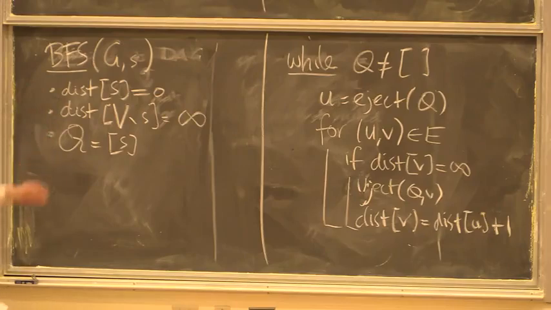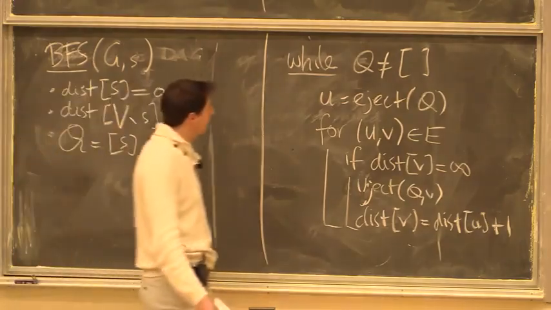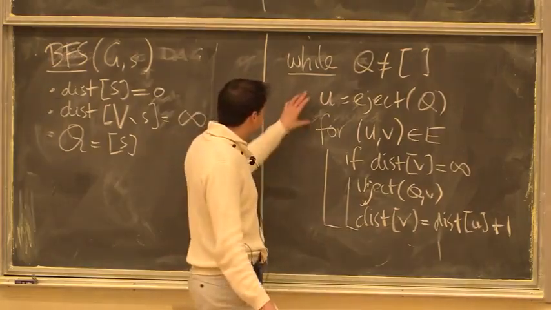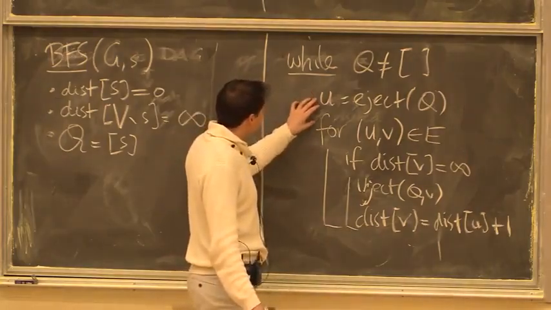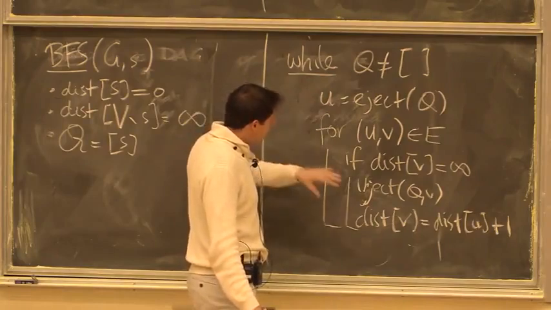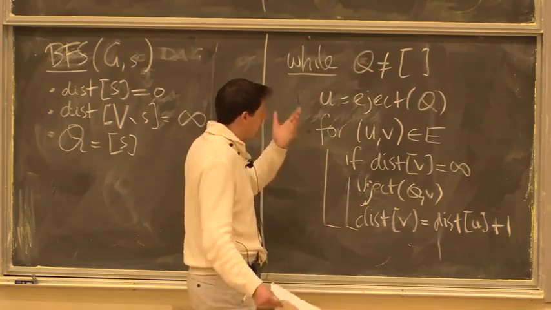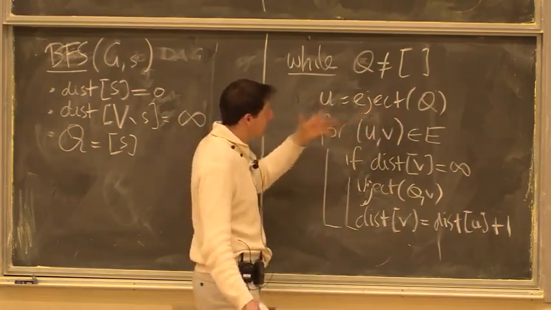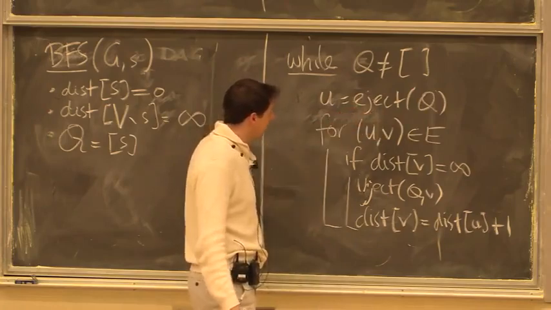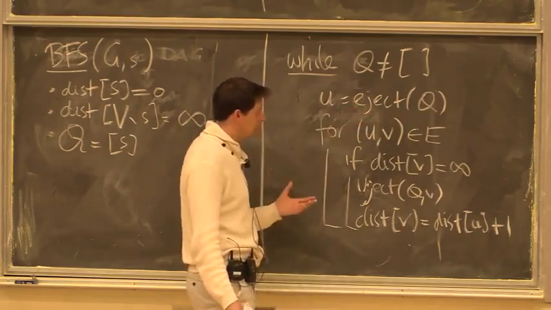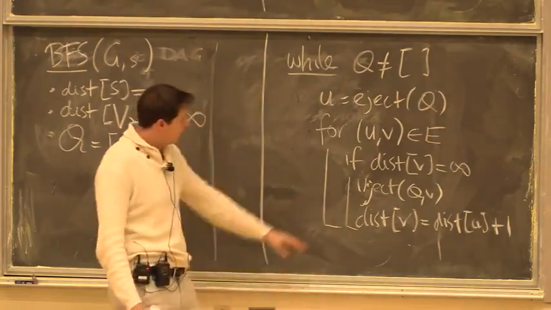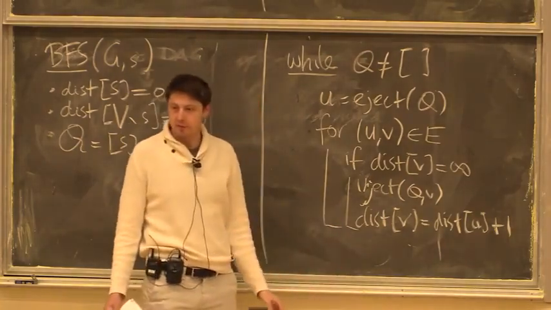Here we just create an empty queue. Over here, we don't quite have recursive calls, but we have this queue that maintains the state of the algorithm. And we need to count how many operations we're doing. So how many times do we touch each vertex?